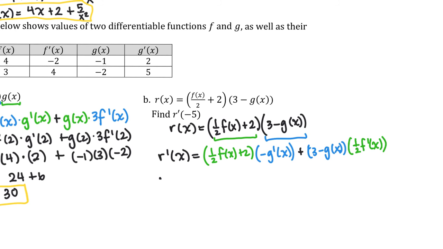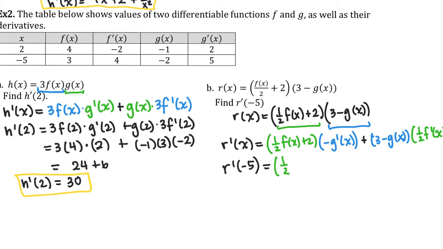Let's go ahead and evaluate this at negative 5. So 1/2, where'd my table go? I need f of negative 5. F of negative 5 is 3. And then plus 2 times negative g prime of negative 5.